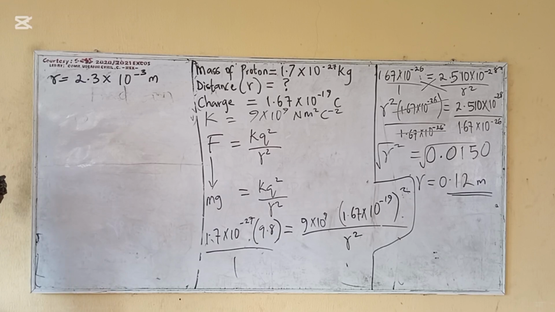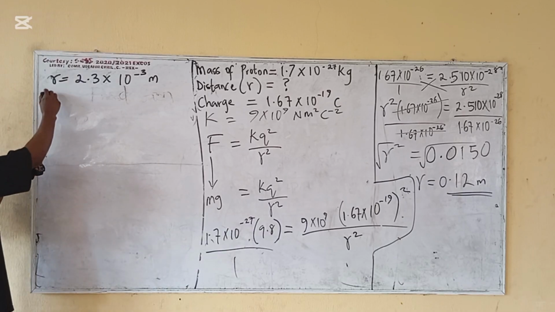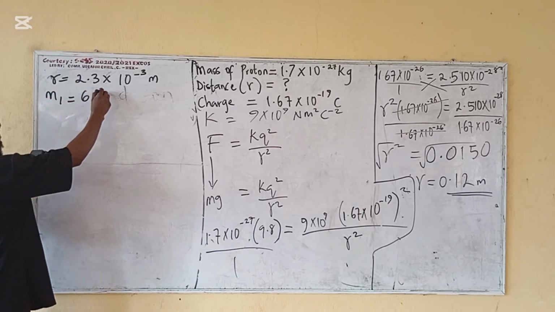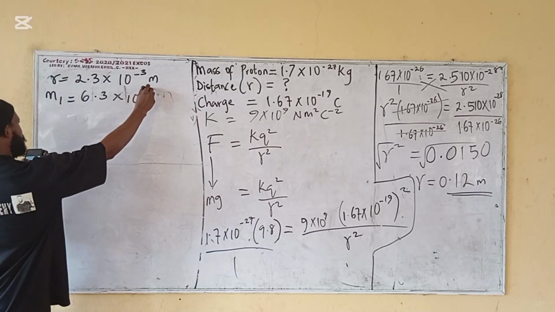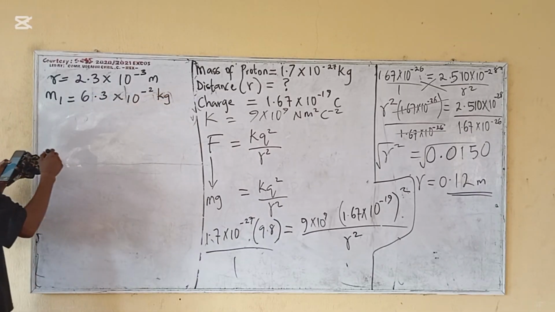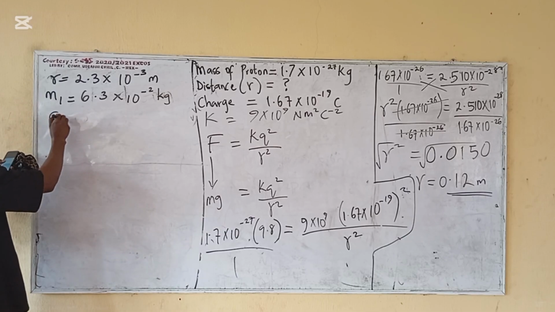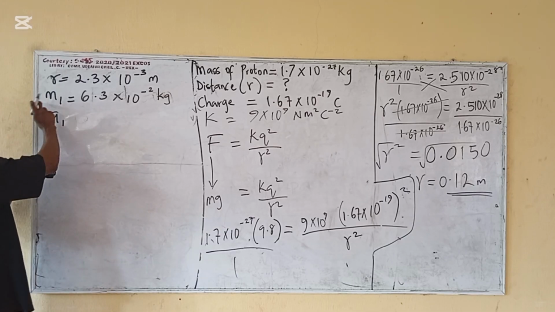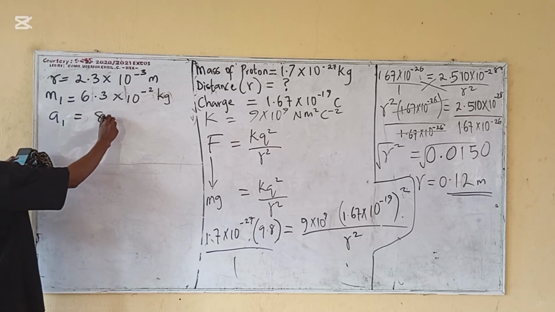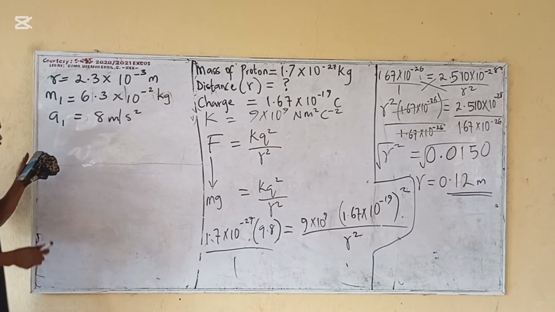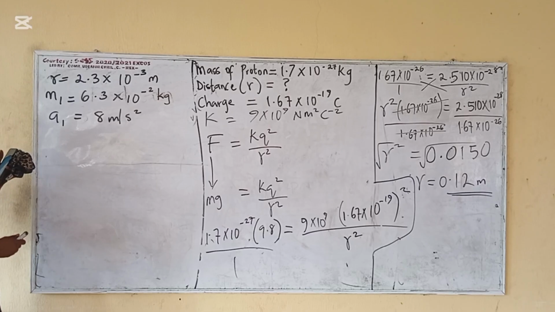In a vacuum, they move under the interactive electrostatic forces. Then they give me M1 as 6.3 times 10 to the minus 7 kilograms. Then the acceleration of the first mass is 8 meters per second squared.